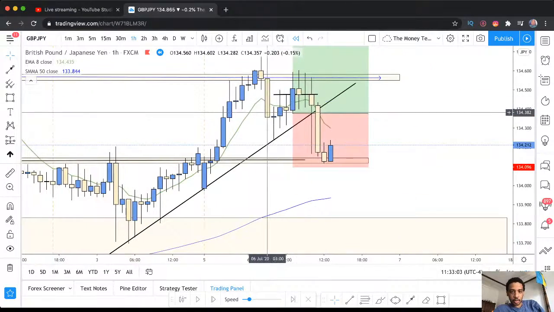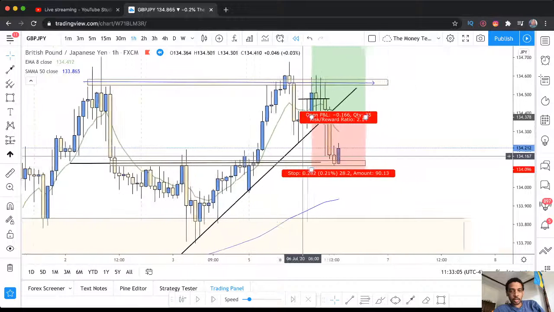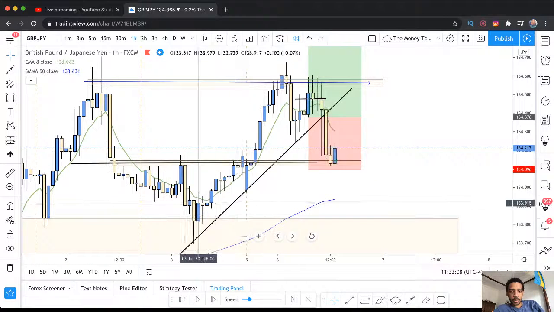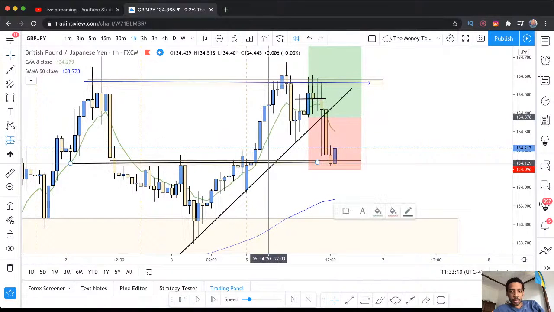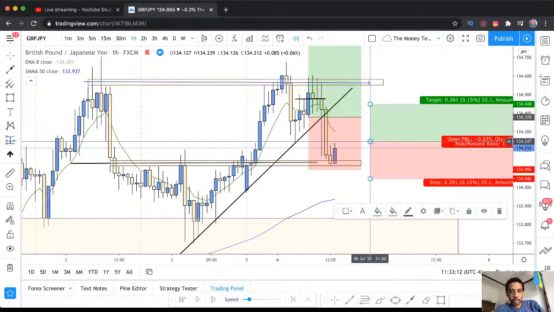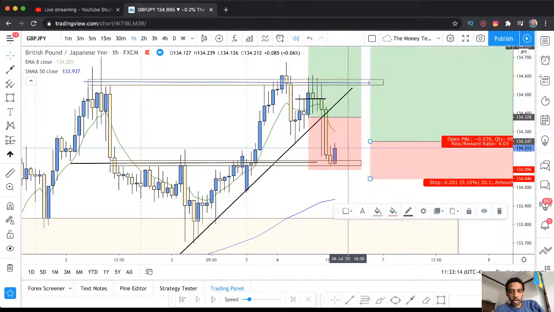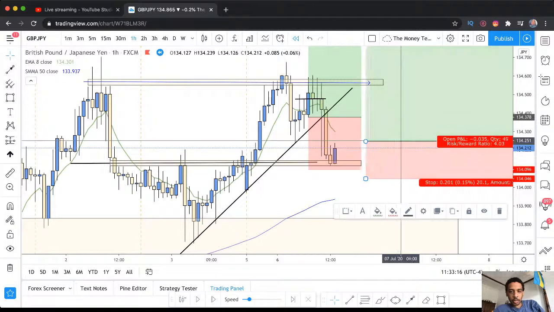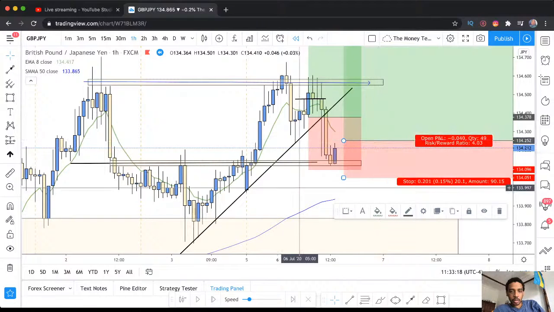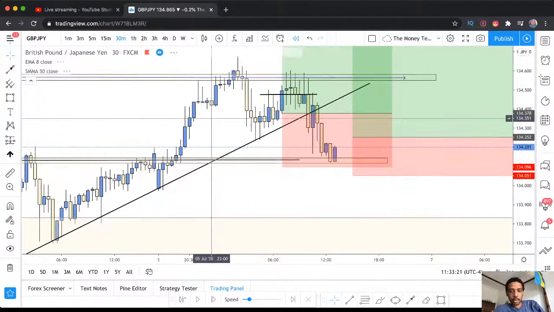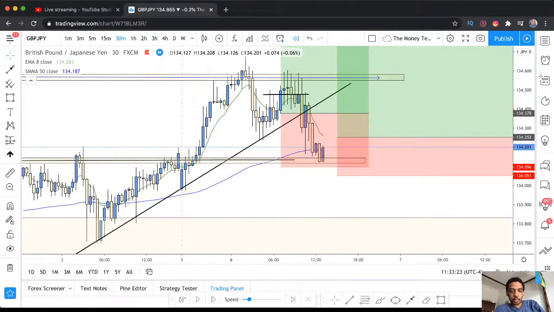So I may get a new entry, honestly. I'm gonna put a buy right here, right in this area, shooting that up to the sky. So when price breaks above here, I'm in it. You see I'm looking at the 30 though. Yeah, that's fine.